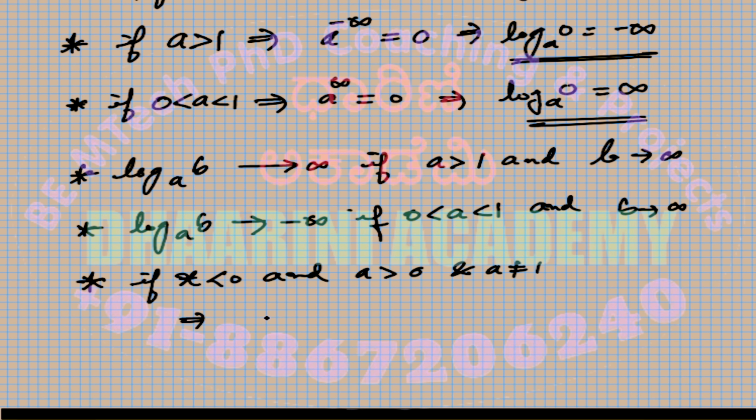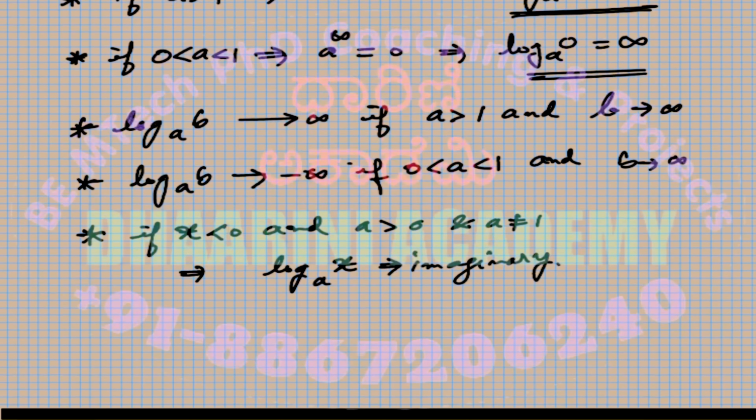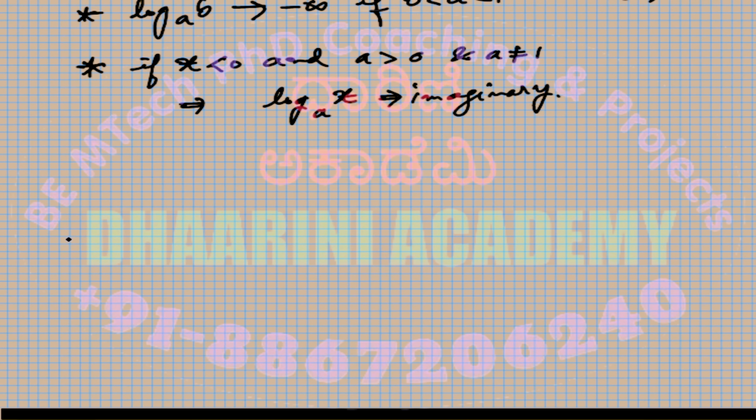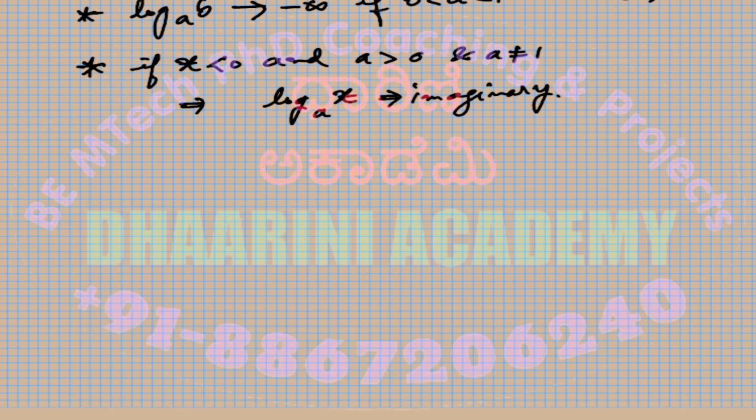This implies log of x to the base a is going to be a complex number or imaginary. That does not exist as a real value, only imaginary.